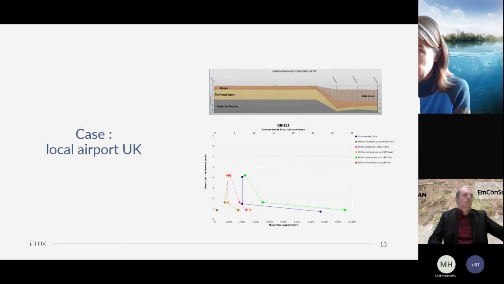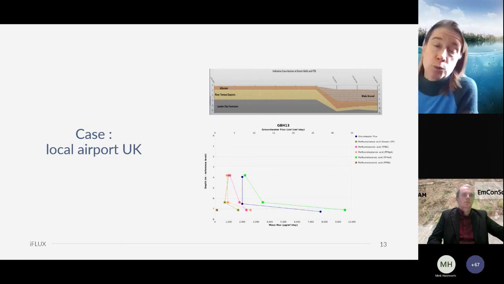And the horizontal spreading was more or less delineated at that time, but not completely, but it was good enough to take the first action in the area of the airport location. So it was a heterogeneous soil. On top there was some made ground, with underlying alluvium and river terrace deposits. The wells on site were heavily contaminated.